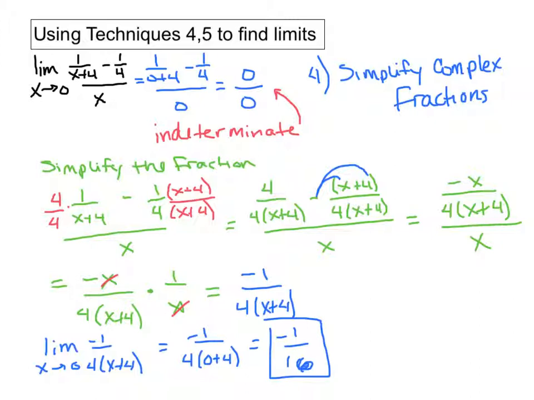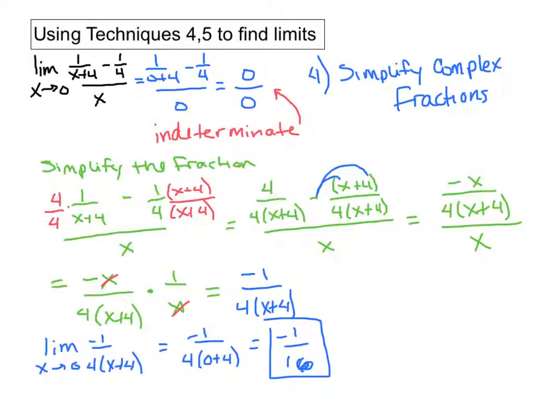To sum up that problem, we started with this limit of a complex fraction. We tried direct substitution, but it came out indeterminate, so we had to try a different method. So I simplified the complex fraction by finding the common denominator and simplifying it, and then we could find the limit after that.